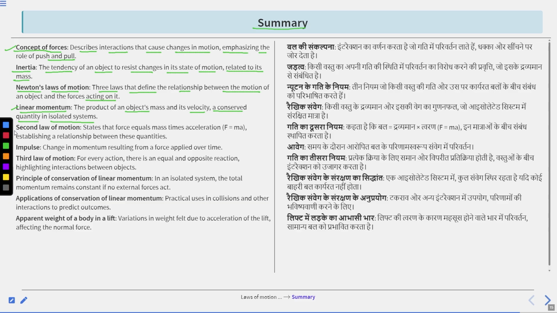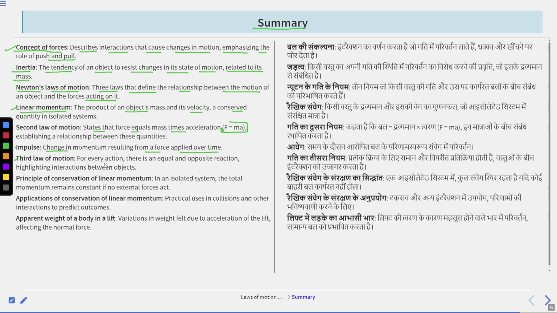The second law of motion states that force equals mass times acceleration, which is F equal to ma. That's Newton's second law of motion. And impulse is the change in momentum resulting from a force applied over time. So these are the important concepts.